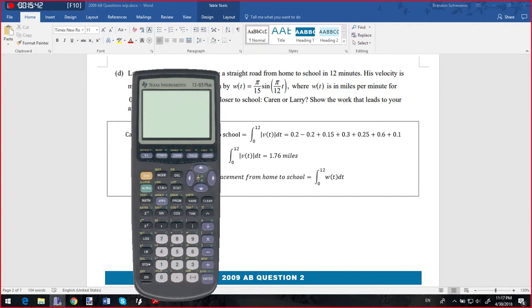So I'm going to hit math and scroll to integrate. I need equation, variable, lower bound, upper bound. So for my equation, I'm going to hit variables, function y1, and that'll paste our equation in there. I'm integrating in terms of x from 0 to 12.